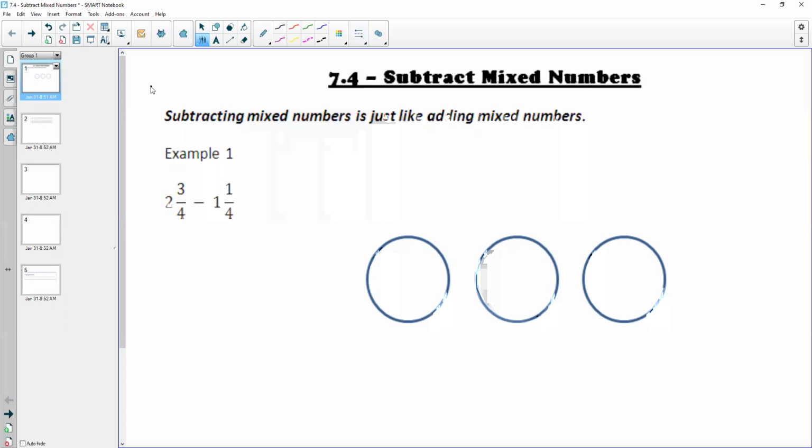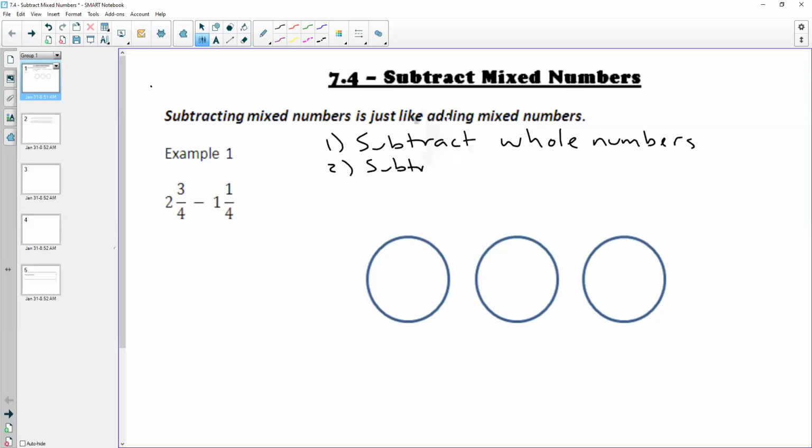So the first thing we need to do is add, or in this case, because we're not adding, subtract the whole numbers. Then subtract the fractions, and then combine the answer.